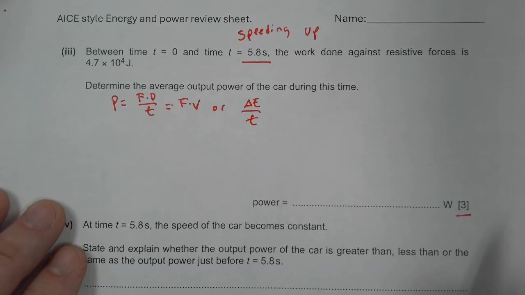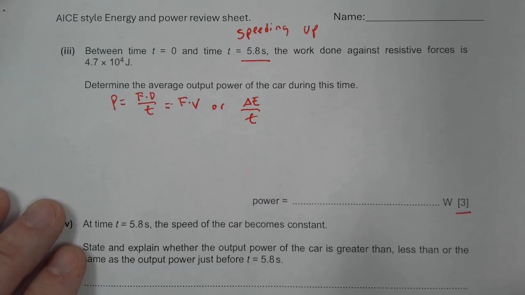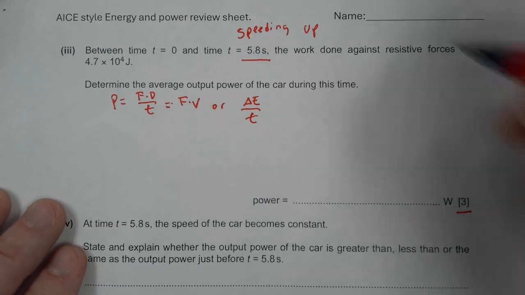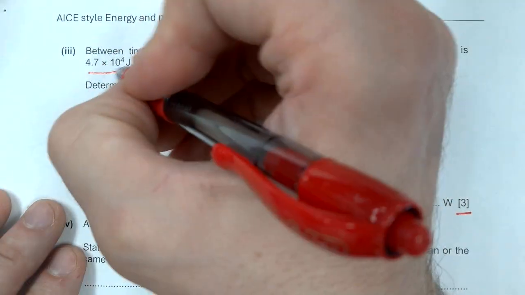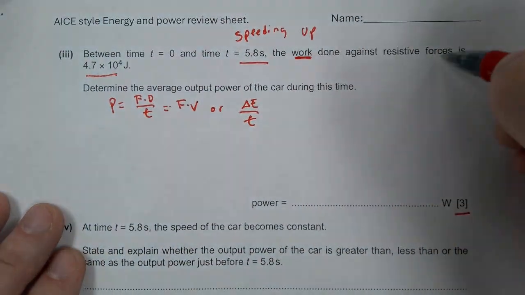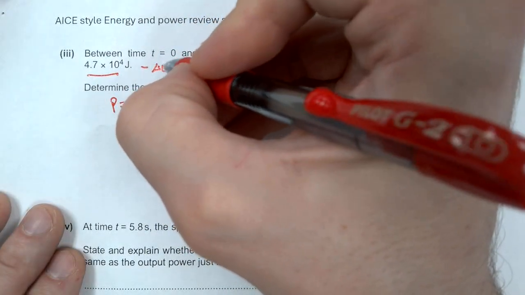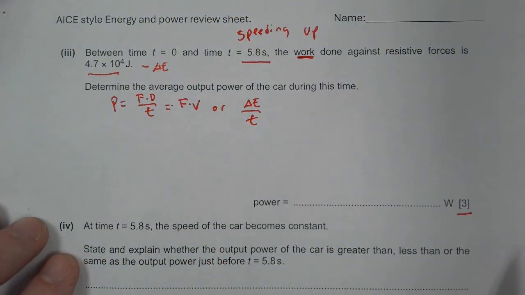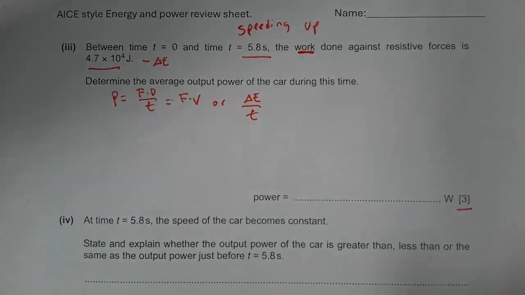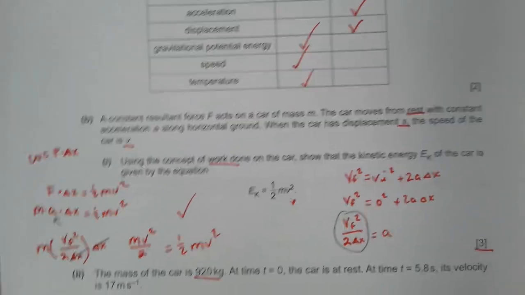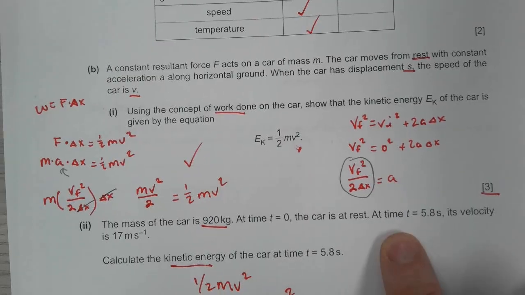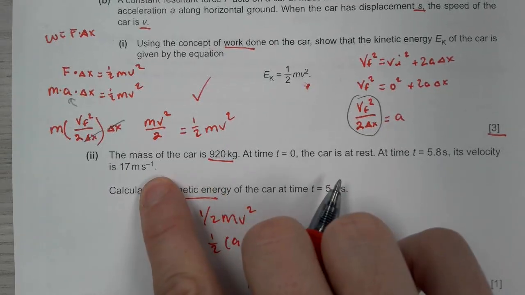Do we have any forces provided? Be careful, because you might think you do, it says resistive forces is this, but it's the work done by resistive forces is that. This is a change in energy, not a force. How do we know we're speeding up? Because it's the same problem that said we sped up from rest to the 17 meters per second.